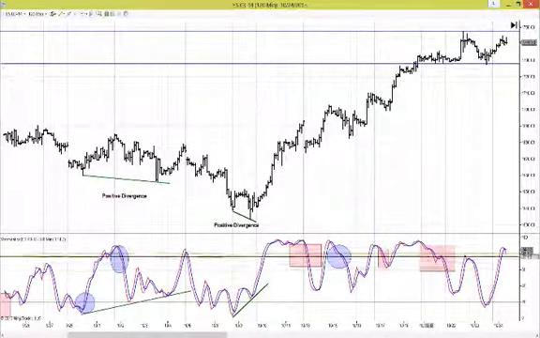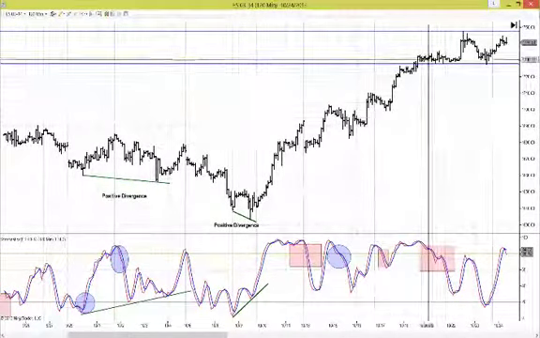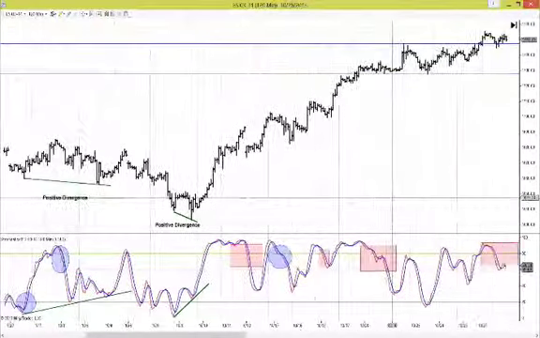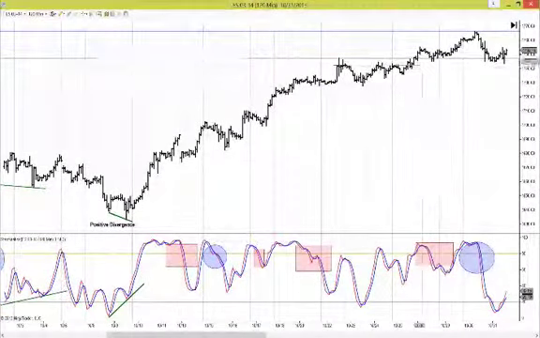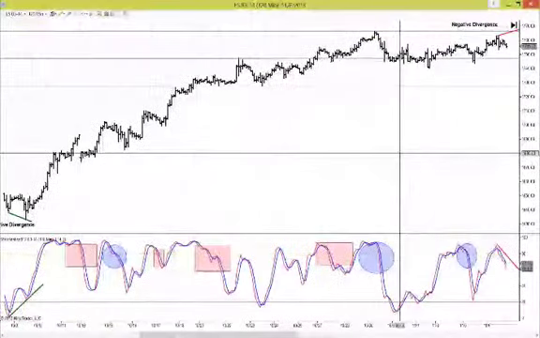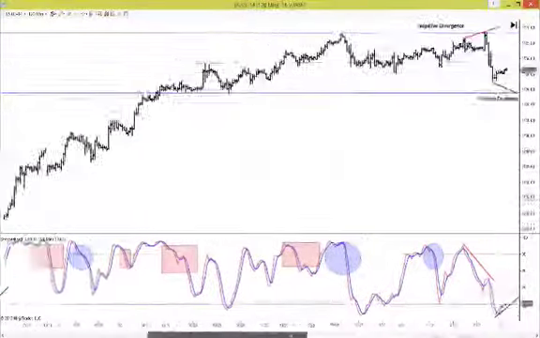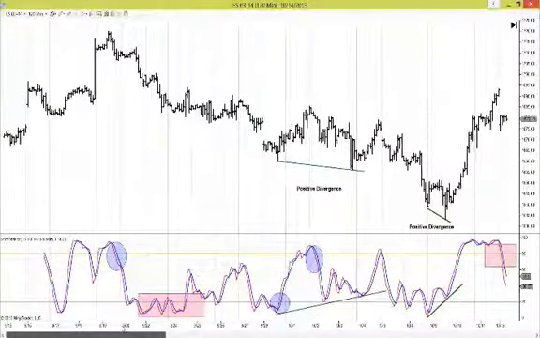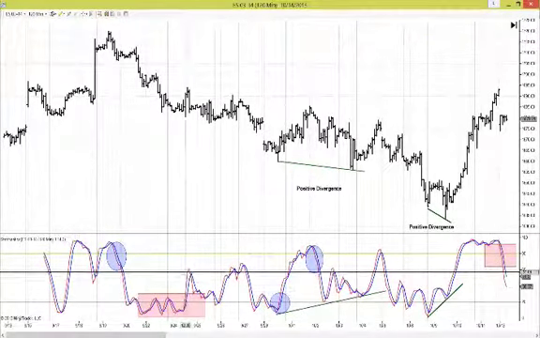This one here, both lines fell under the 80 area, and yet the market continued going up. This one also fell under the 80 area, and it didn't work for the market. It just continued going up. I think those are all of them. Well, actually, just visually you can see here how there are a lot more winning signals than failing ones.